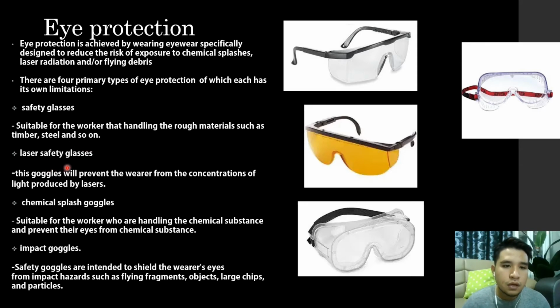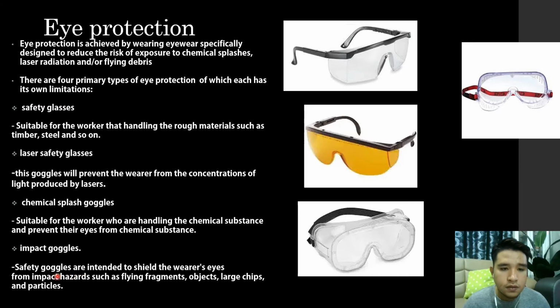Laser safety glasses prevent the wearer from the concentration of light produced by lasers. Chemical splash goggles are suitable for workers handling chemical substances and protect their eyes from them. And the last one is impact goggles.